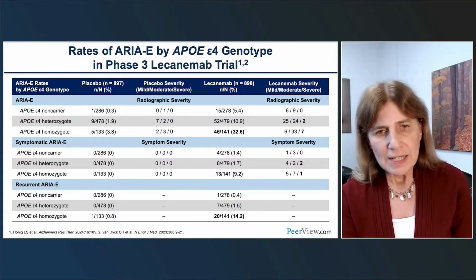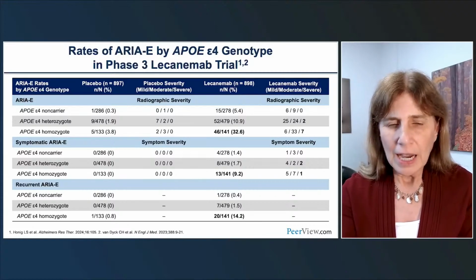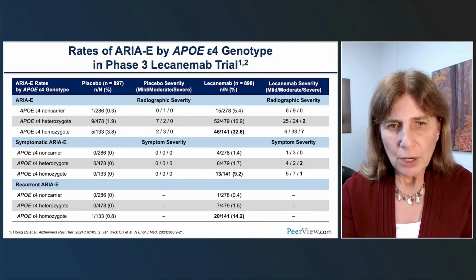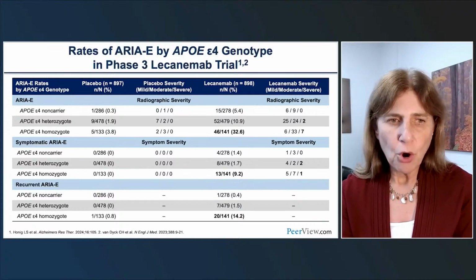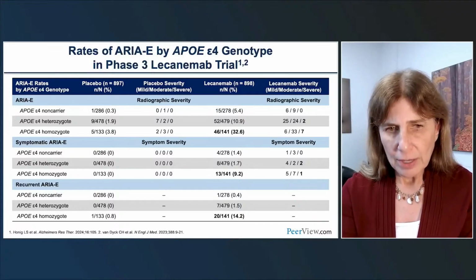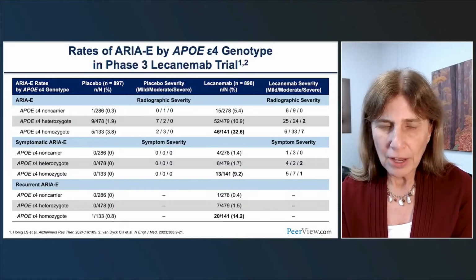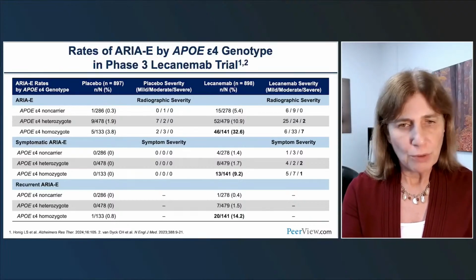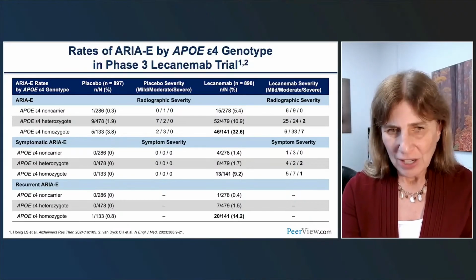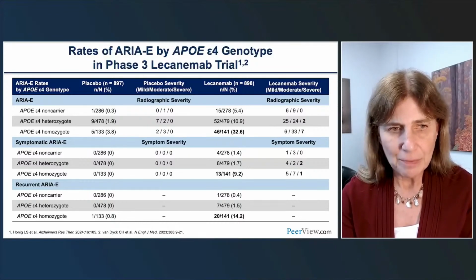Similarly, as far as symptomatic rates, they're quite low, but nonetheless, with the ApoE4 homozygotes, you have a 9.2% risk of symptomatic ARIA, whereas ARIA-E was symptomatic in 1.4% of the non-carriers and 1.7%, pretty similar, in the heterozygotes.